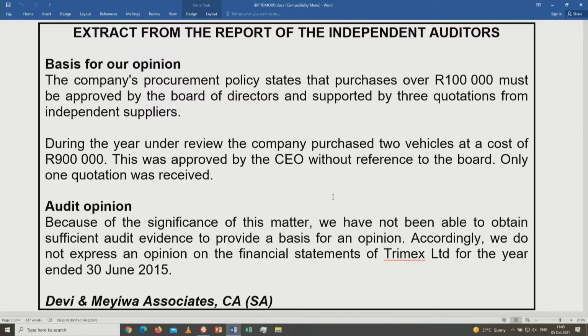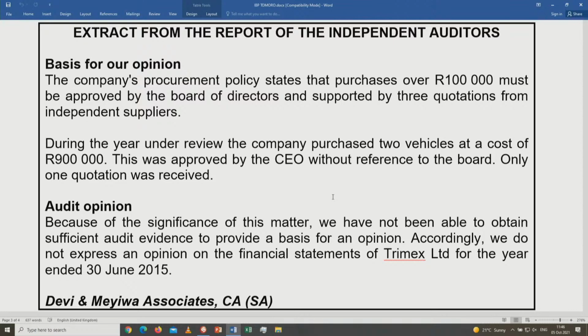But now what the CEO did, he authorized a purchase of 2 vehicles to the value of 900,000, and this was done without even getting approval from the board as far as the policy of procurement is concerned. And whereas, that 900,000 was approved with only 1 quotation.